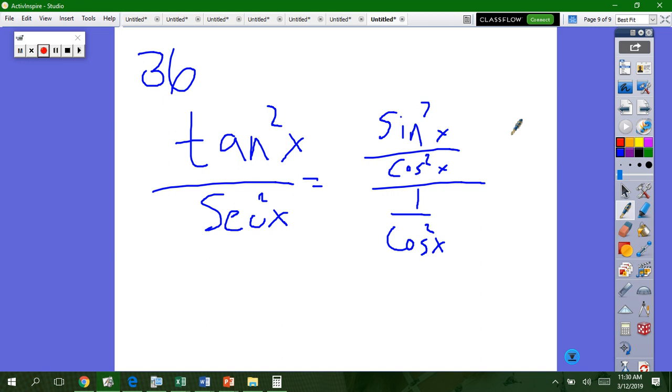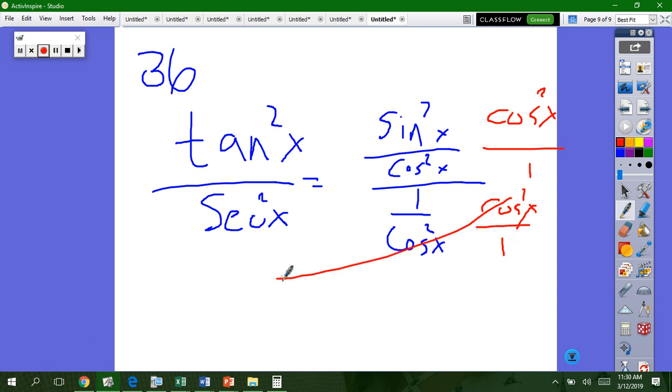Then when I have a fraction over a fraction, I multiply the top by the bottom's reciprocal. And the reason is because those guys cancel. What happens here, though? Those guys cancel, so what does this end up being?